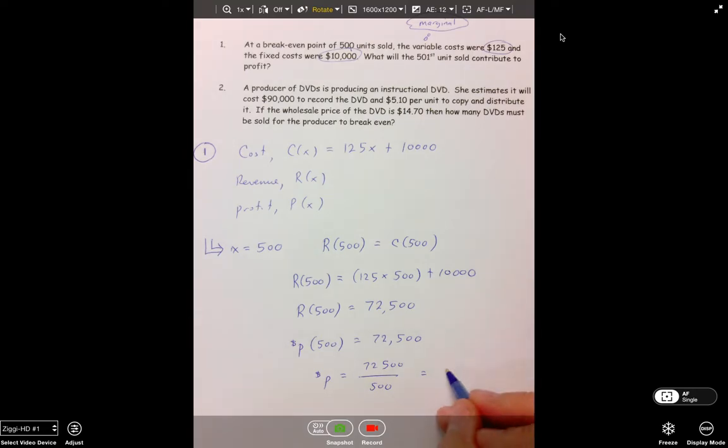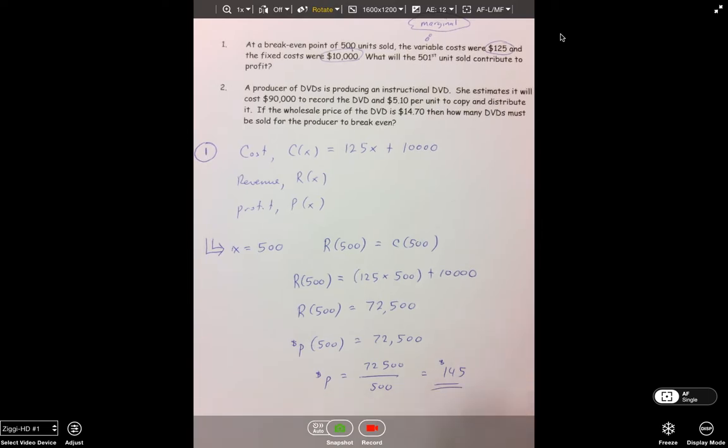I know that this product was sold at $145. Now, if you think about it, what we've got here is something sold at $145 per unit, and something that costs $125 per unit.